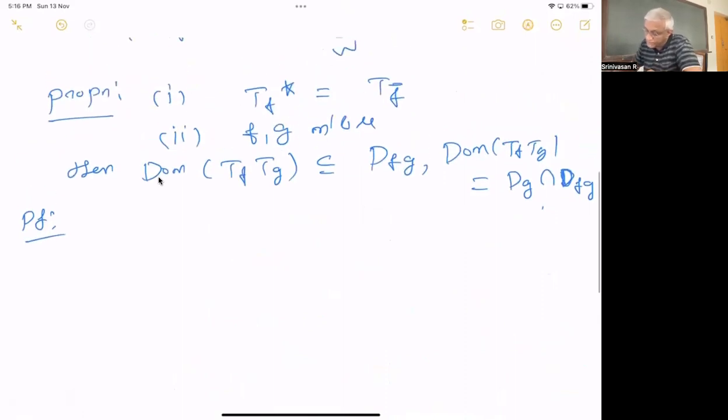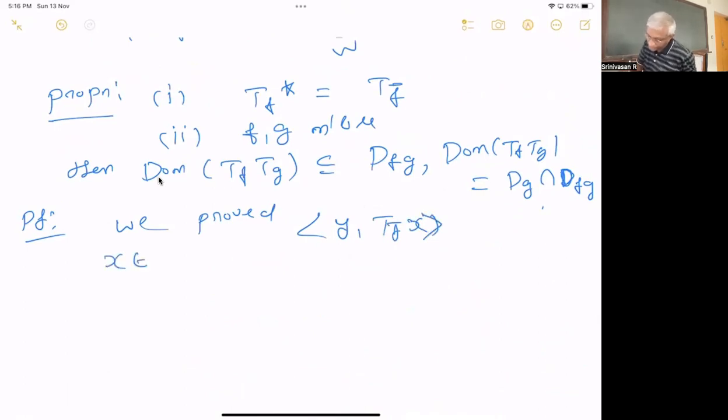So first we want to prove that T f star equals T f bar. We have already proved that, for x in the domain D f, y T f bar x is also equal to T f bar. Then y T f x equals T f bar, equals T f, x and y, x T f y x.